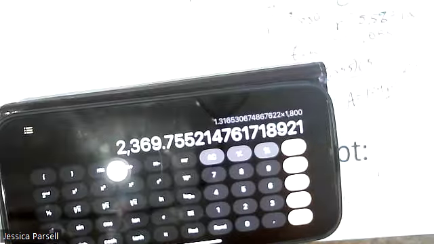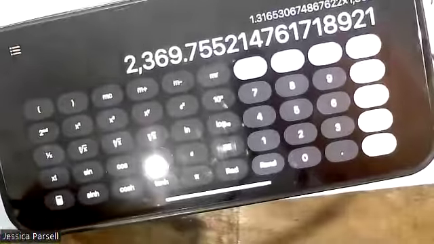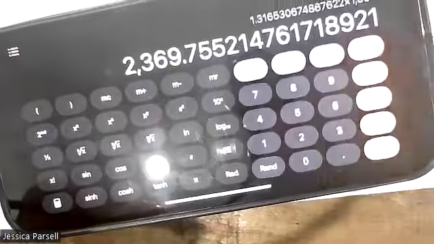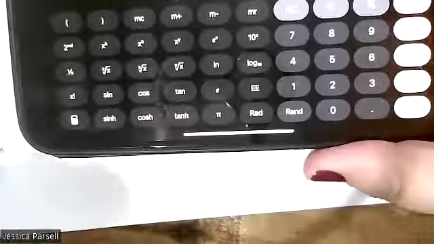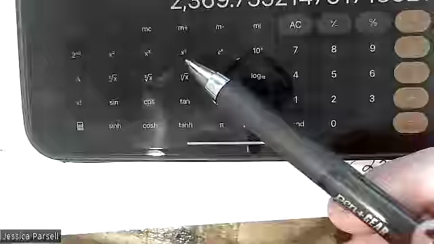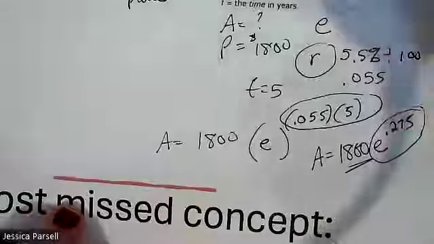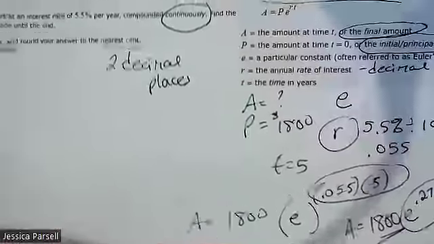And it should give me, yep, 2369.76. So you may have to use the e for Euler and then your x to the y so that you can get up into the exponent land, which is where you want to be when you're working with the continuous compound interest formula.